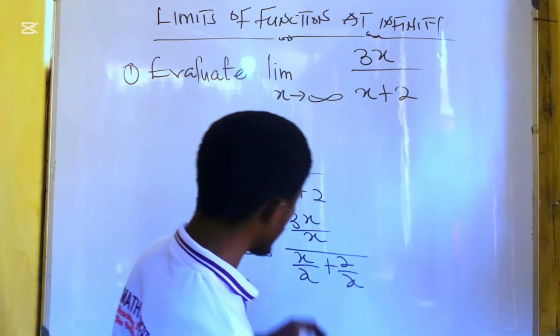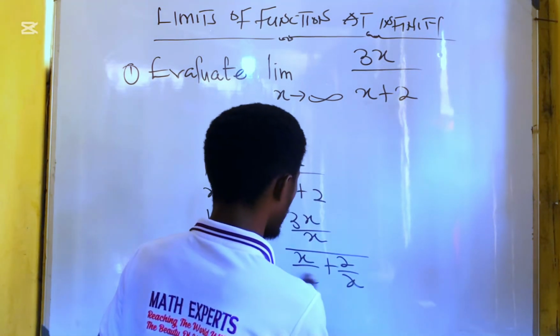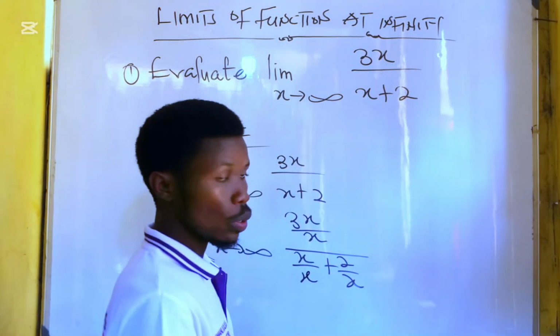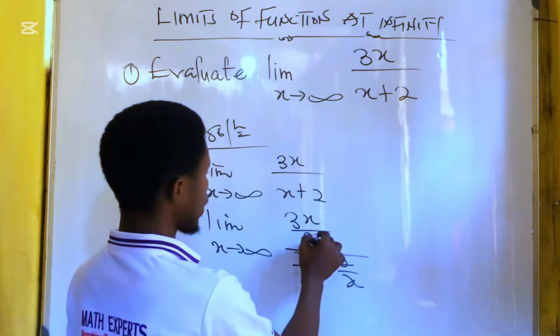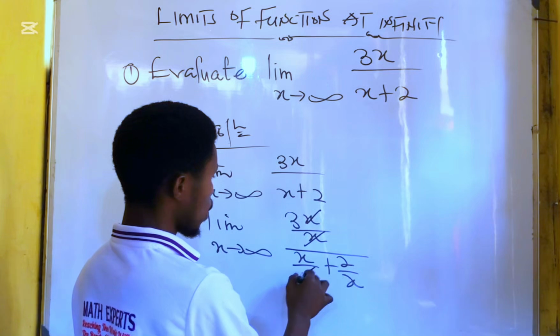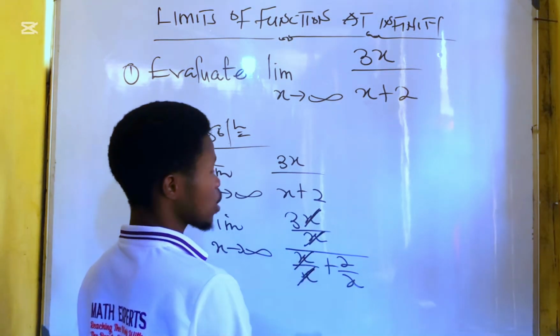So each term will be divided by the highest power of x that we picked. Is that okay? Good. Now you realize that this x will cancel this x, and this x can go into 1. Is that okay?